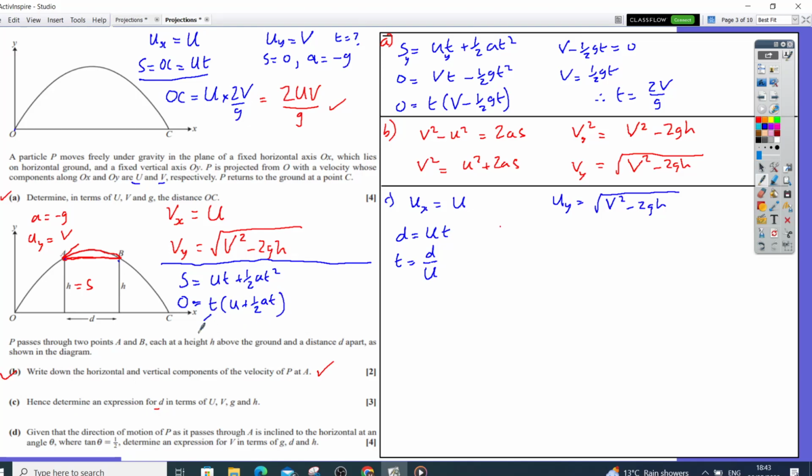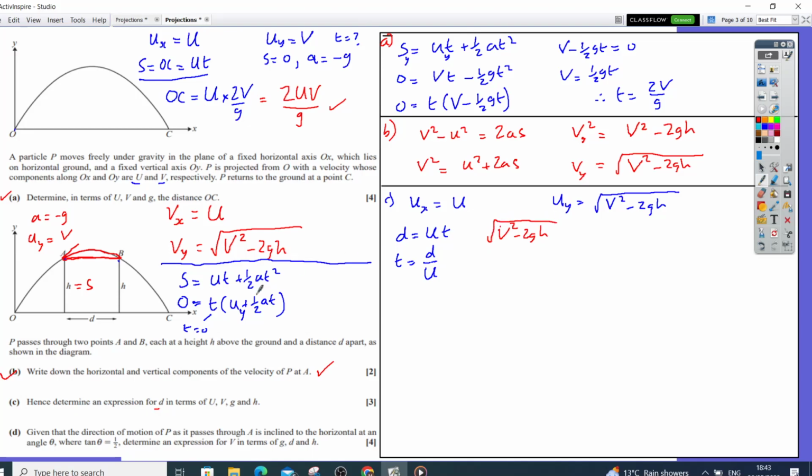So either that is going to equal 0, which it is when it starts there, or the initial velocity plus half at is going to equal 0. So I'm going to plug this in here now, so be careful. We've got the square root of v squared minus 2gh.